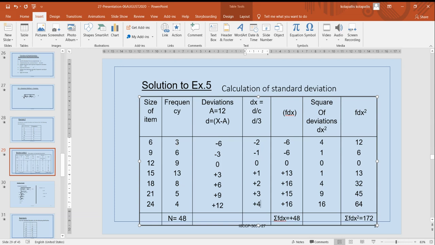Now this is second column into fourth column, dx square. Fourth column into fourth column.